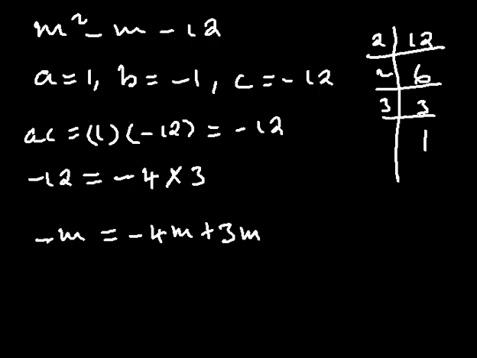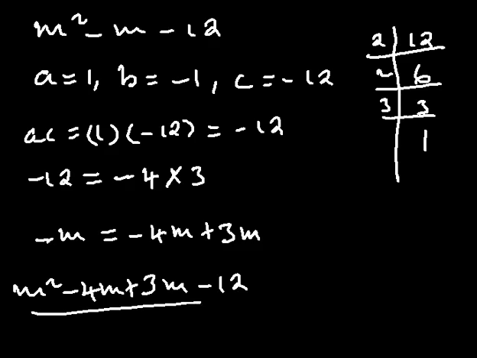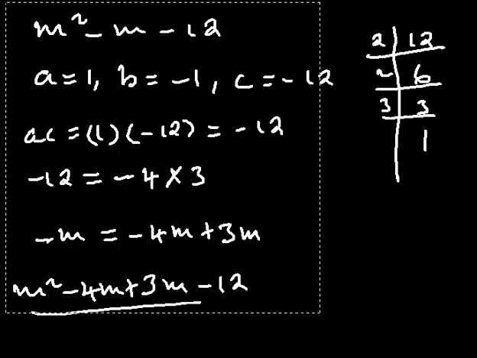So we substitute here with that one: negative 4m plus 3m minus 12. And from here you can pair up those terms.